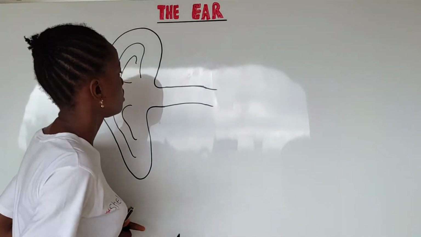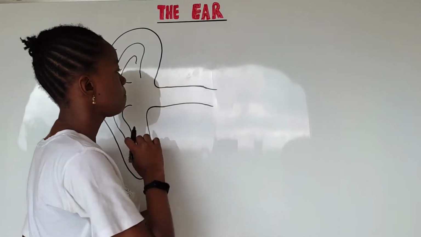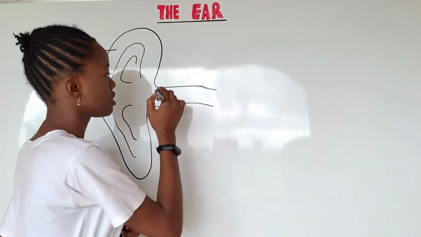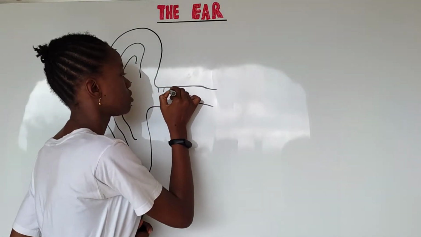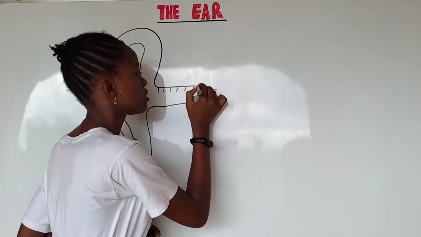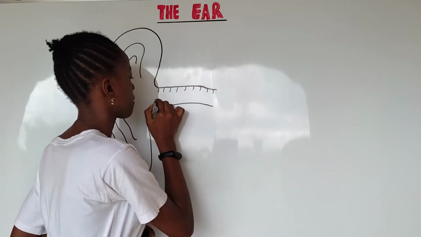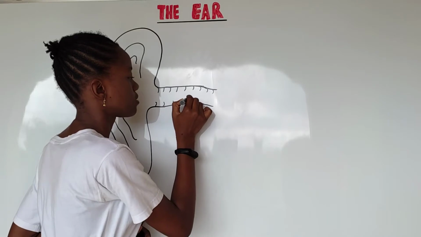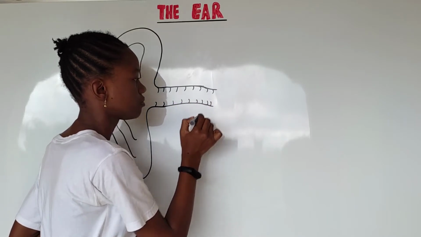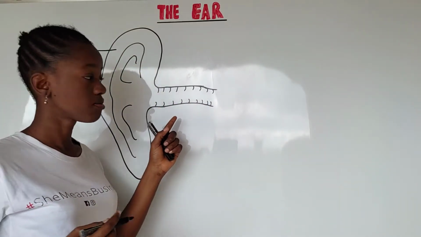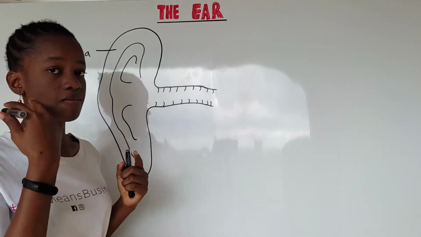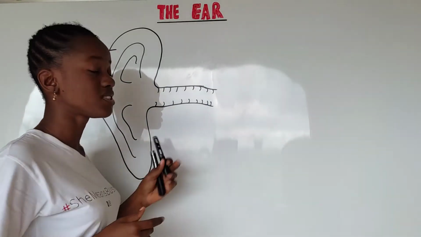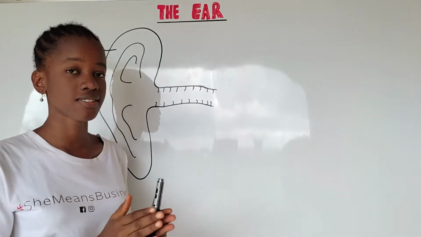So it's bent obliquely, and we are going to see that the ear canal contains fine hairs. It has hairs in it, and it also contains glands. And what do these glands secrete?